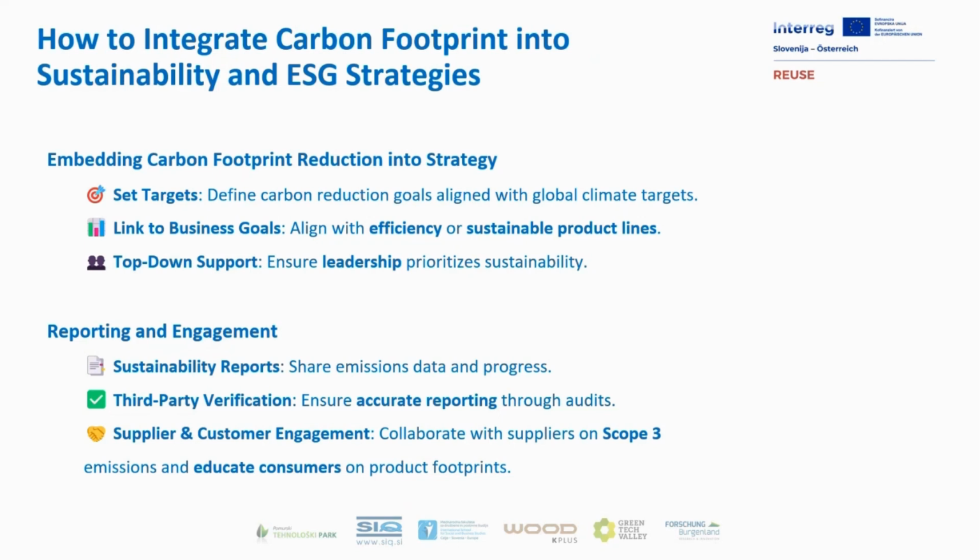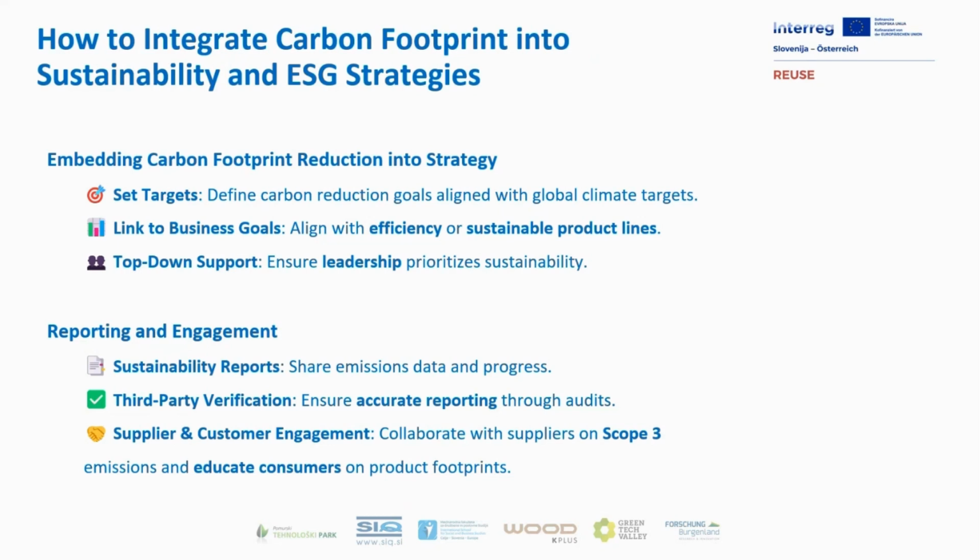So successful carbon reduction strategies require strong leadership support, which includes prioritizing sustainability, allocating resources, and driving initiatives across departments. Transparency in reporting is also very important. Accurate and reliable reporting of carbon emissions is critical and crucial. This includes annual sustainability reports, which we talked about, third-party verification, and Carbon Disclosure Project.